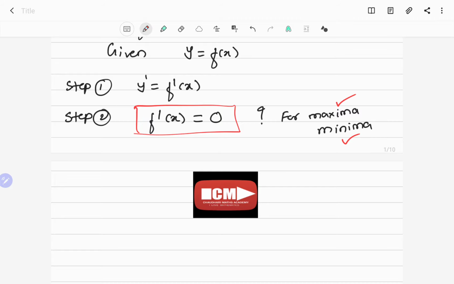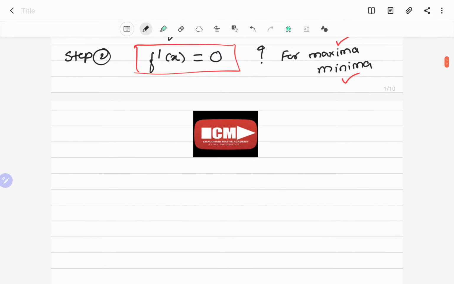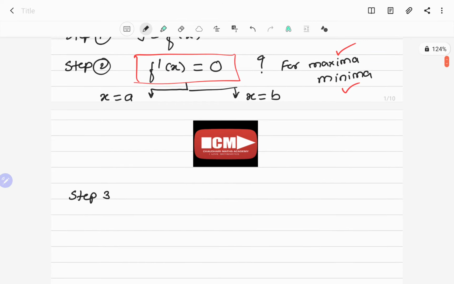And friends, if you equate this first derivative to 0, then after simplification, and here I am mentioning step number 3, you will get a variety of values of x. So let's say the first value of x we got is x equal to a, and the second value is x equal to b. So first of all, equate the first derivative to 0, and after that, simplify the given equation and you will get one or two values of x.